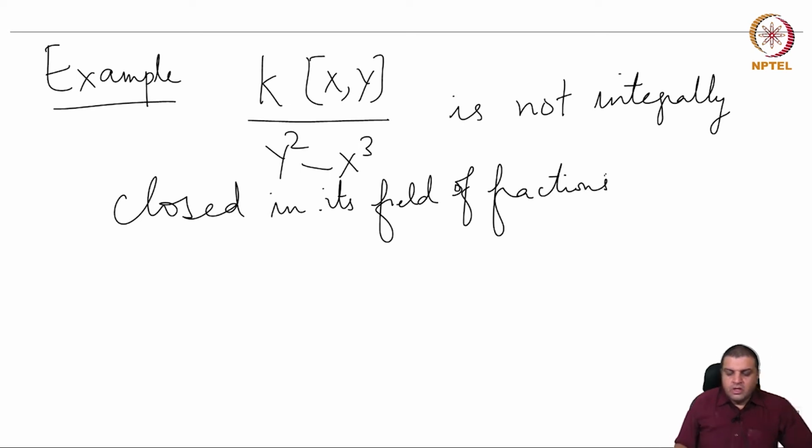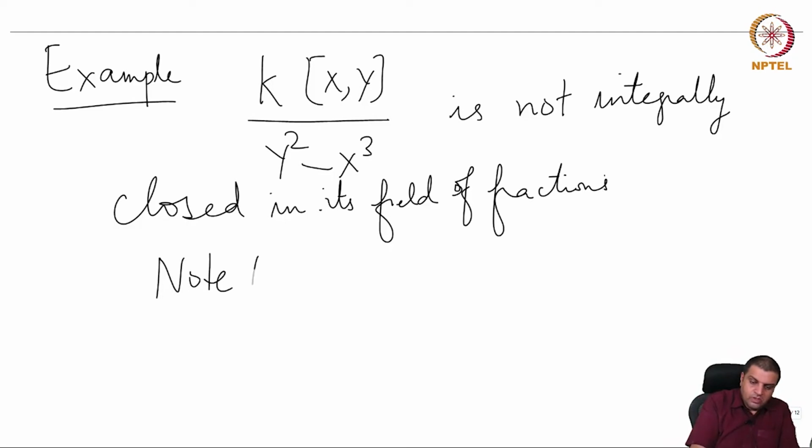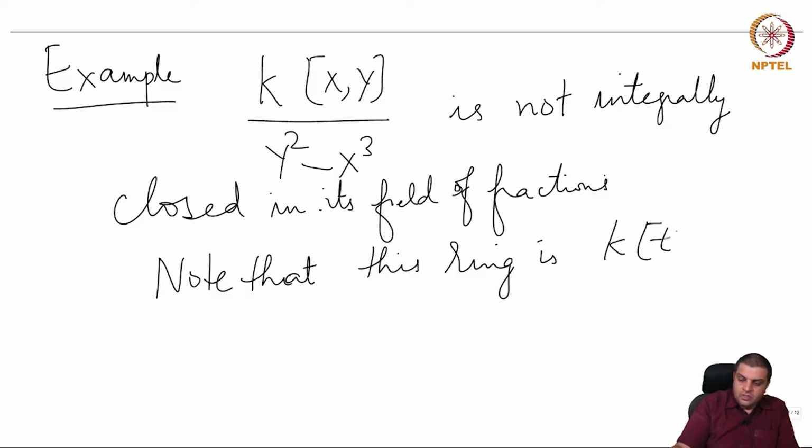Okay. And the easiest way to understand that is to rewrite this as something that we have seen earlier. So note that this ring is k[t squared, t cubed]. Okay. So the field of fractions contains t.